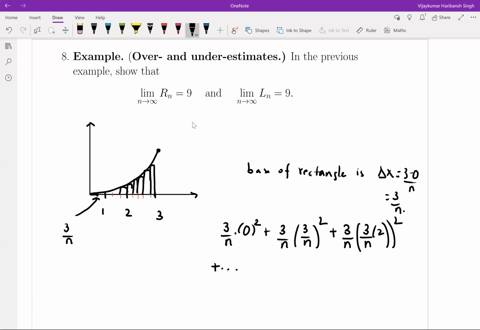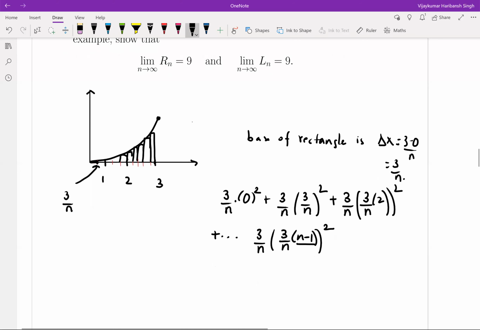For the last one, the base is going to be 3 by n, and the height is going to be 3 by n times, instead of n, n minus 1, the whole squared. Okay. So this is the area when you use the left hand point for the height.